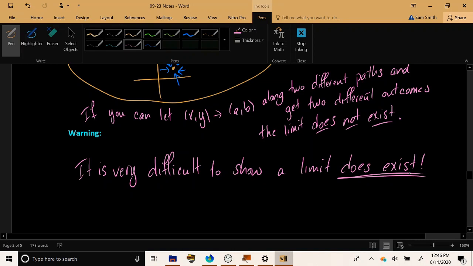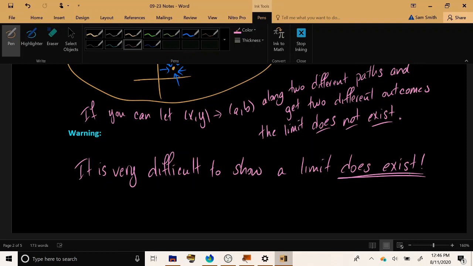So, in order to show that a limit does not exist, all that you need to do is find two different paths along which the function approaches two different outcomes. If you want to show that a limit does exist, you have got to show that you can approach the point AB along any possible path and get exactly the same outcome.